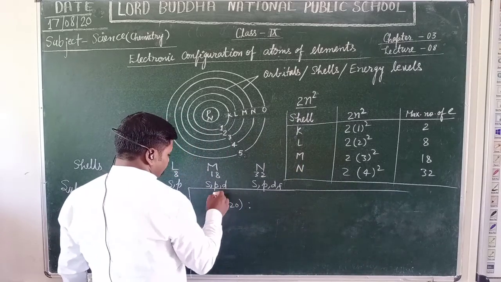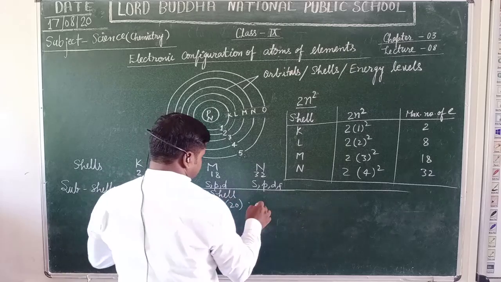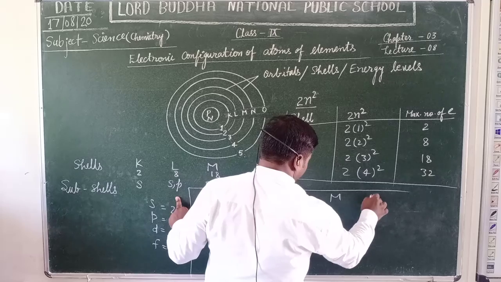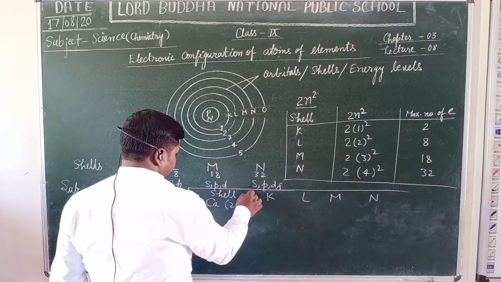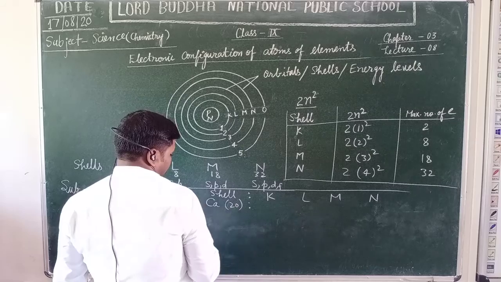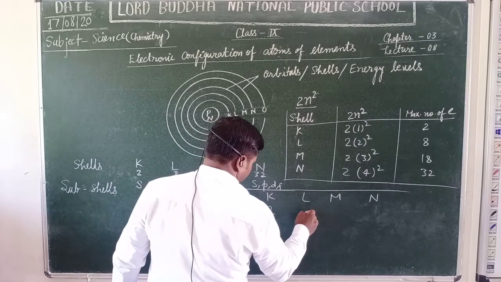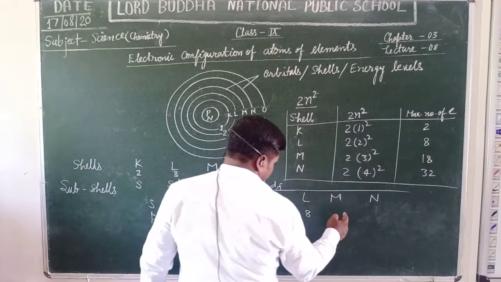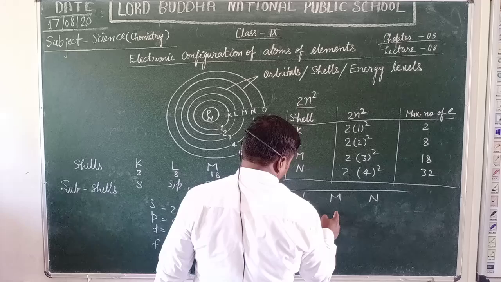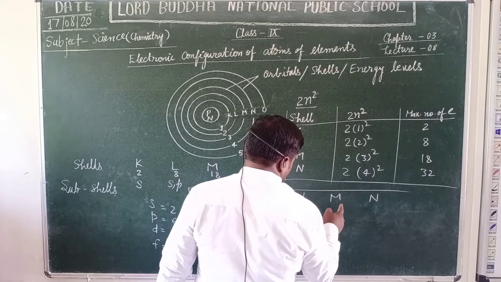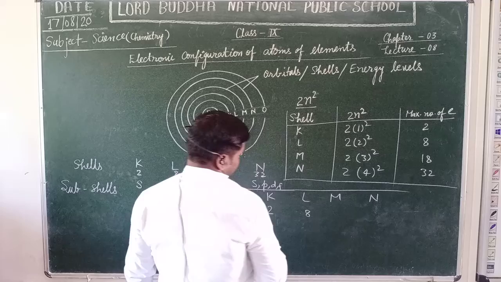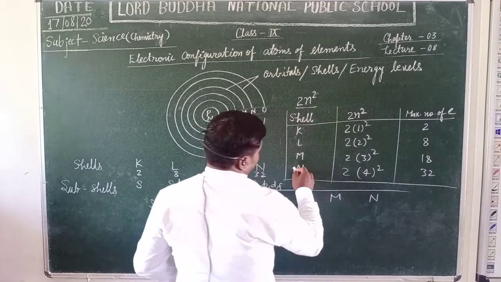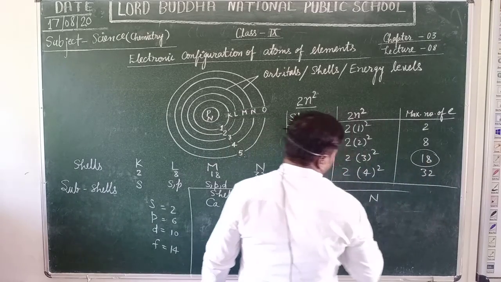Now, here I take the shells K, L, M, N. According to the Bohr scheme, we can fill the number of electrons to 8. According to the Bohr scheme, the last shell cannot have more than 2 electrons if the preceding shell is not completely filled. Then, students, in the M shell, the maximum number of electrons will be 18.